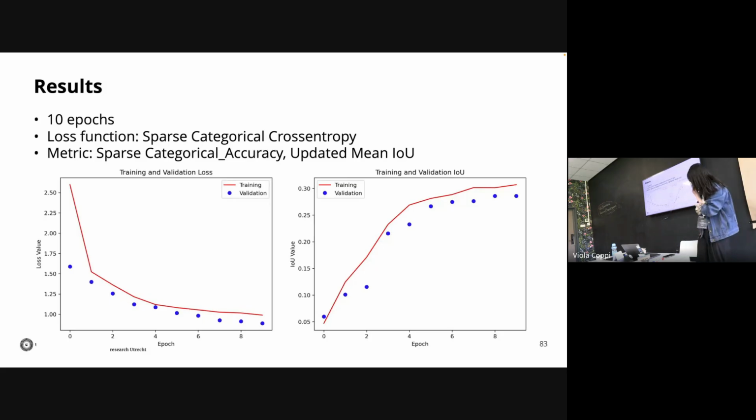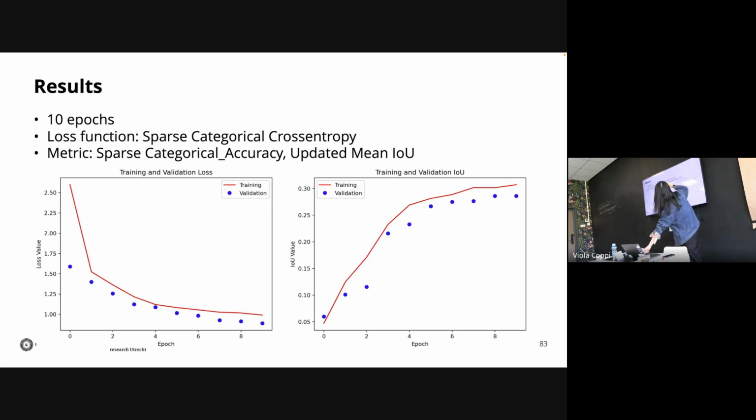So here is just one epoch, because it takes quite some time for you to train on the data. Here we used the sparse categorical loss function, and we are using the sparse categorical accuracy for the metric, and the loss value is quite pretty well, and the accuracy is quite good.